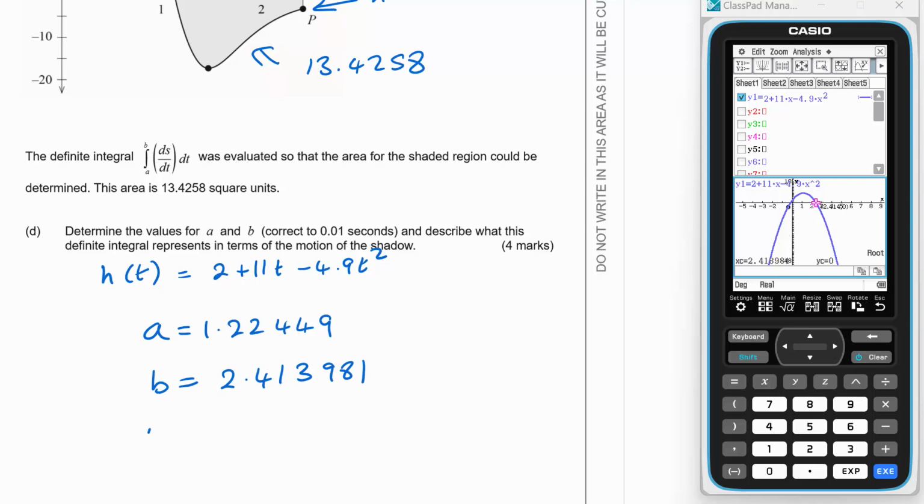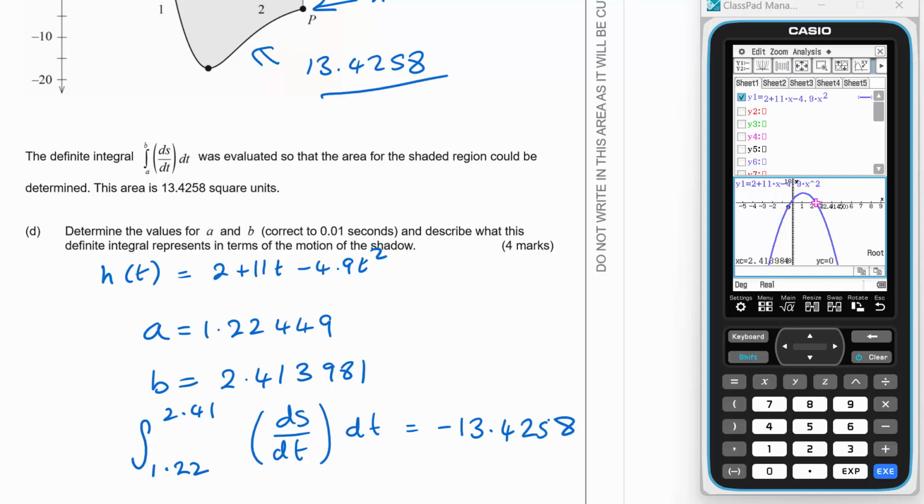And therefore the integral becomes the integral from 1.22 to 2.41 of ds/dt dt, and we know that that is -13.4258 because we were told what the area was up here, and the distance moved towards the light as the ball falls from the highest point to the ground.